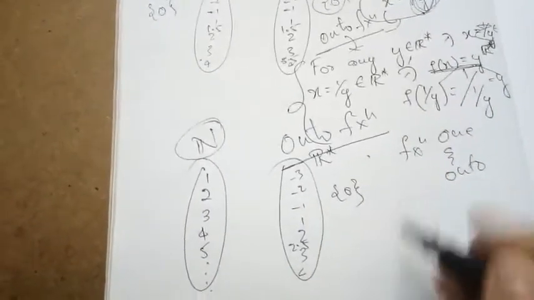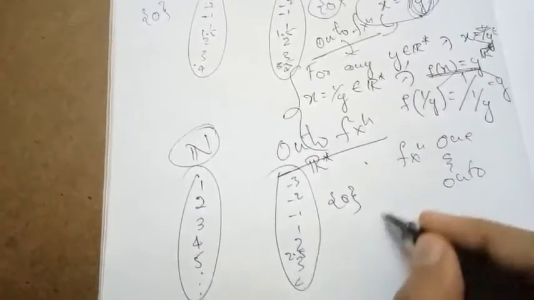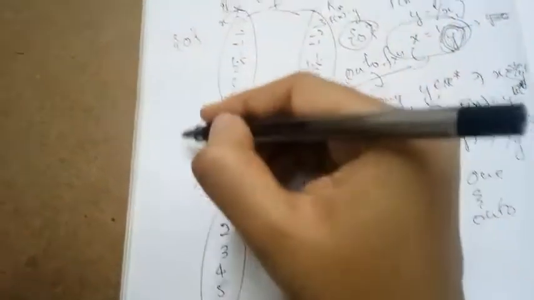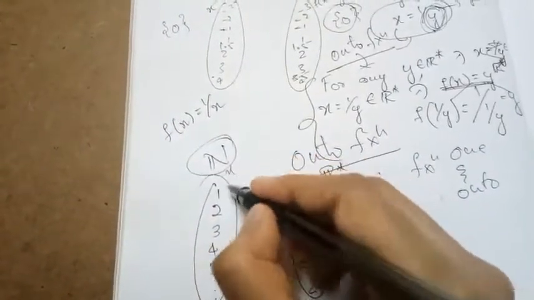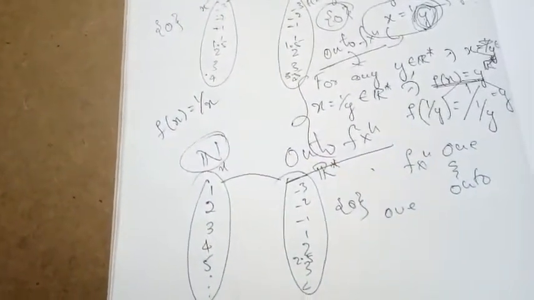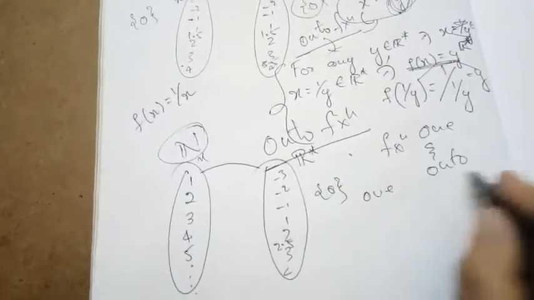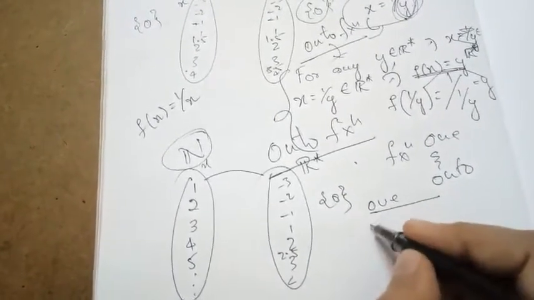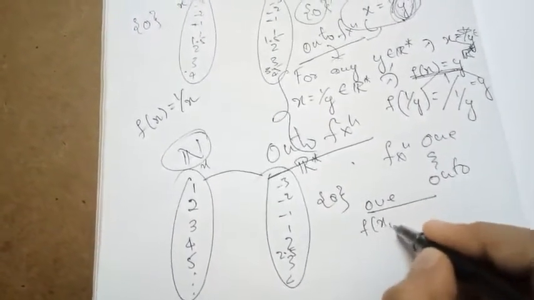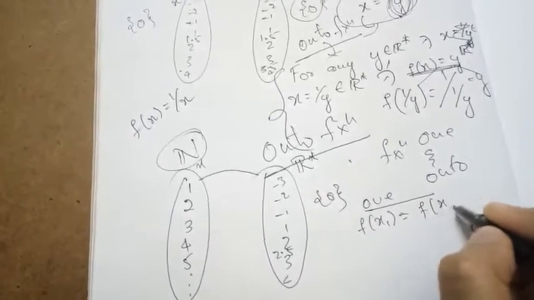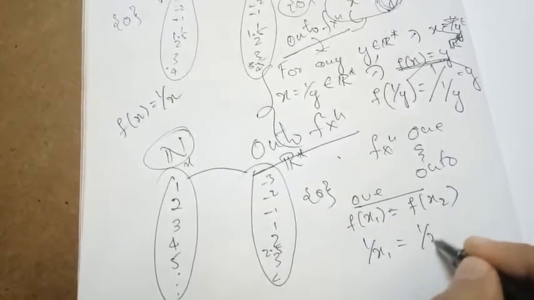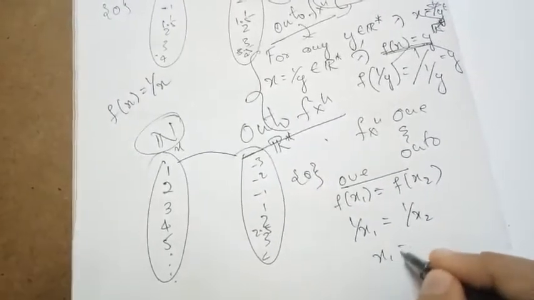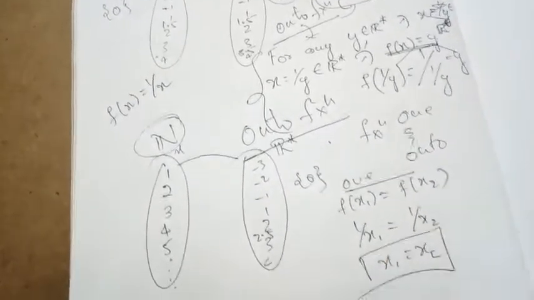First, checking the 1-1 function: our function is f of x is equal to 1 by x, and here x is now the set of natural numbers. To prove it, how will you check for a 1-1 function? Again, let x1 and x2 be two numbers. f of x1 is equal to f of x2 becomes 1 by x1 is equal to 1 by x2, which is nothing but x1 is equal to x2. So it is a 1-1 function.